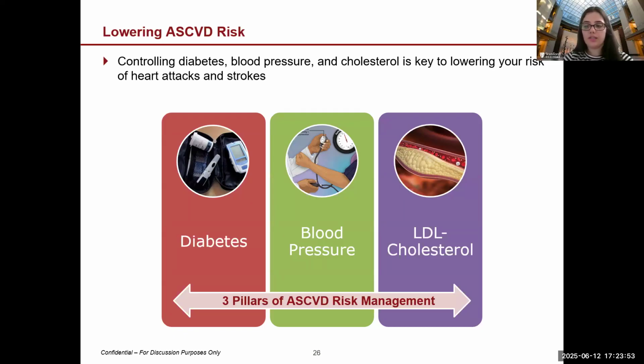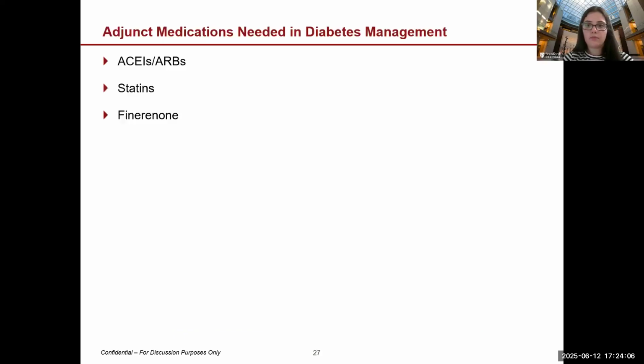That's why you will often see medications added, not just for glucose, but also to help with blood pressure and LDL cholesterol, even if those numbers are not actually very high. So these are the medications that I will be talking about today, which are considered the adjunctive medications. They are the ACE inhibitors or ARBs, statins, and also Finerenone.